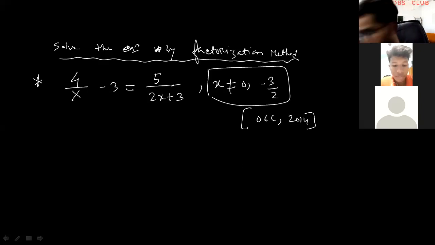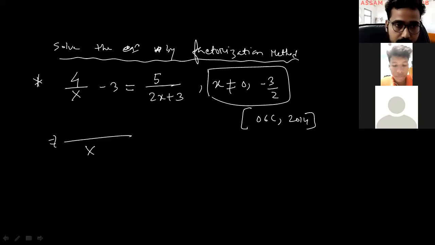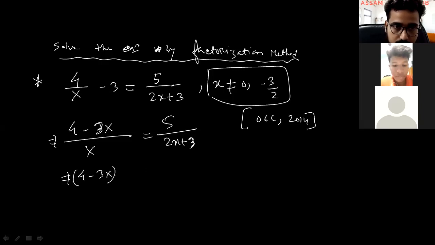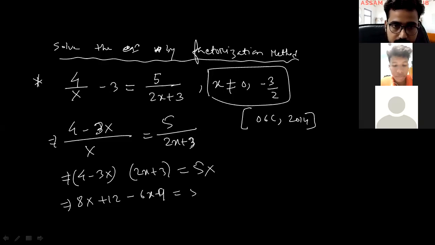Now, how will you solve this one? Take the LCM. 4 minus 3x, then 5 by 2x plus 3. Now cross multiply it. Cross multiplication: 4 minus 3x into 2x plus 3 will be 5x. Now multiply it, it will be 8x plus 12, then 6x minus 9 equal to 5x.